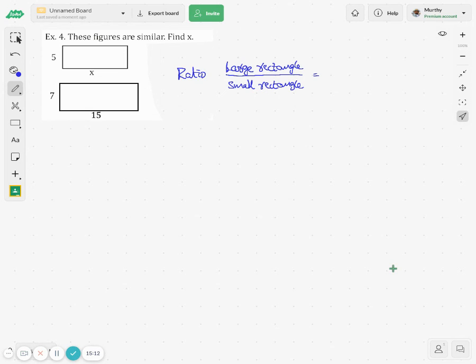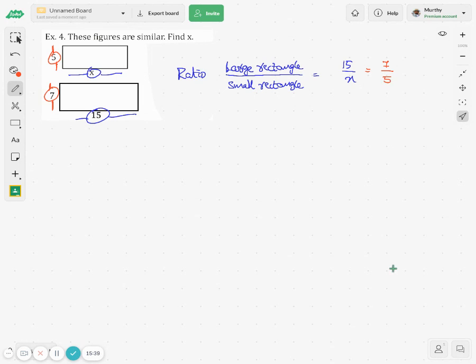So here, large rectangle, one of the sides is given as 15, and the corresponding side of the small rectangle is x. This is equal to, then again, don't forget I'm taking the large rectangle side in the numerator, so this is 7, and this one is the small rectangle side.